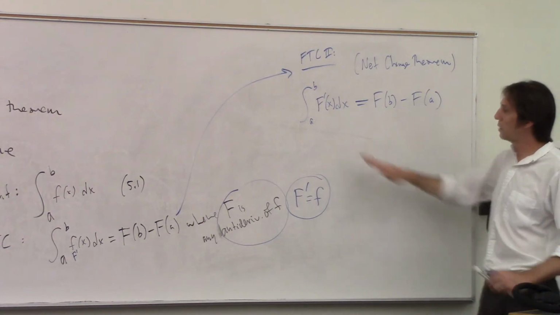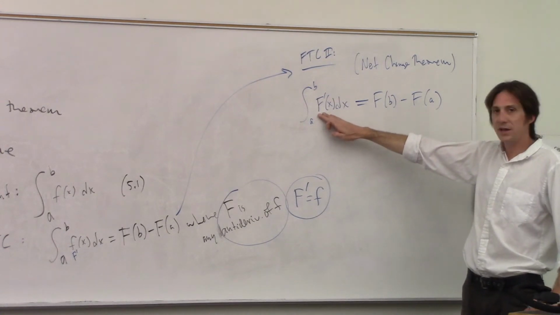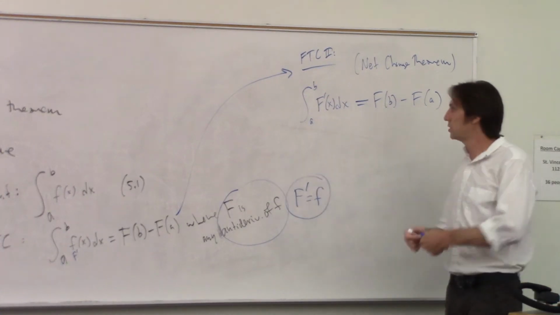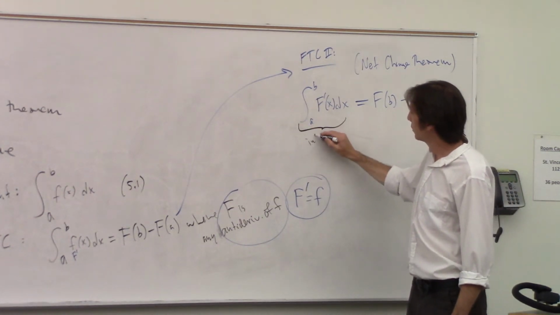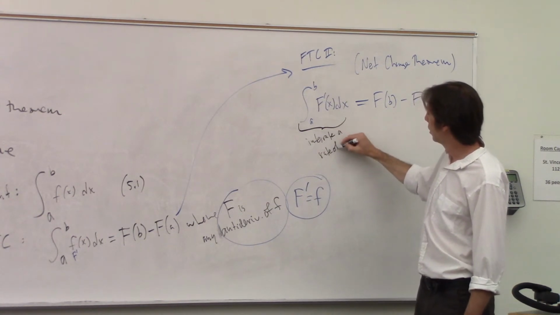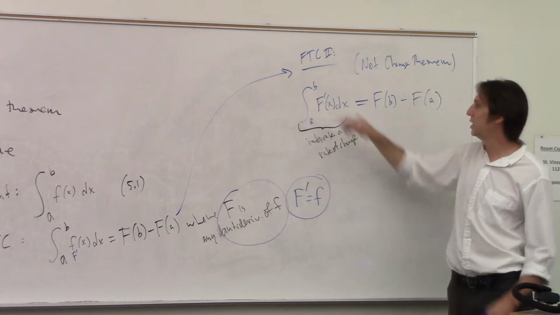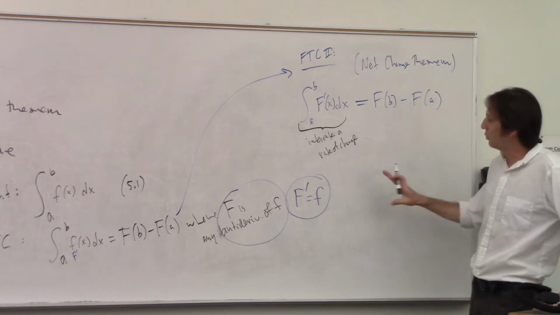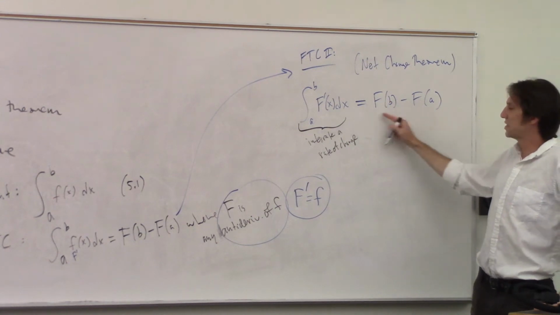Now, way back in the beginning of the semester, we interpreted a derivative as a rate of change. And so on the left-hand side of this equation, I'm trying to integrate a rate of change over the interval from a to b. And it turns out that when I do that, from the fundamental theorem, I get this difference.